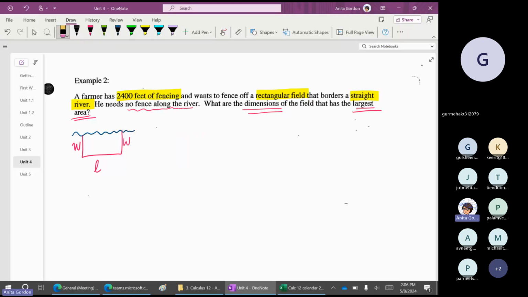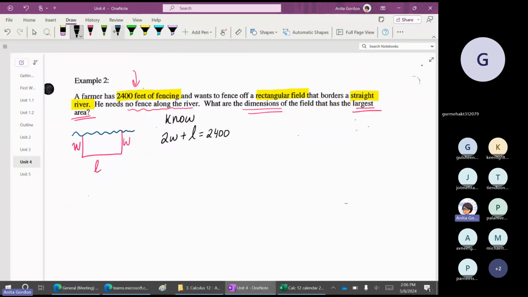What do we know? This is the picture, but using the information, let's set up something. We know how much total fencing he has, which is essentially the perimeter of the fence, right? So we know that 2W plus L is 2,400.